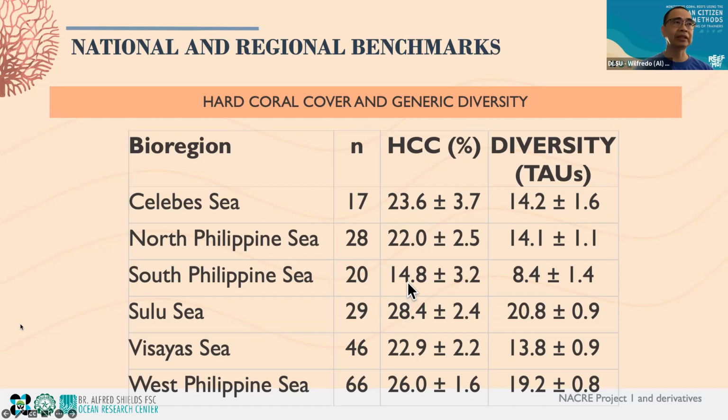Because notice that for some reason, the average for Eastern Mindanao is much lower for both cover and diversity than the average for the Sulu Sea and West Philippine Sea bioregions. Okay. So we have a national average, but we also have averages for specific bioregions.